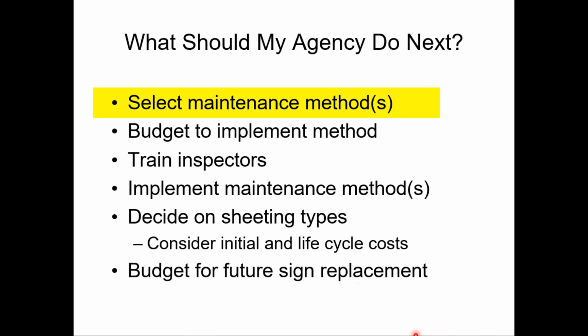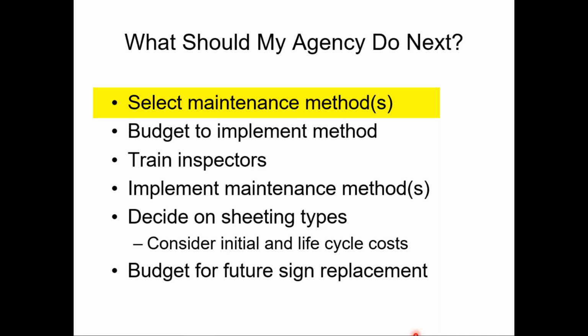So if you've not already done so, I would say the first thing your agency should do would be to select the maintenance method, the assessment and or the management method, and then budget to implement that method. Train the inspectors, and remember this class would be considered training for the inspectors.